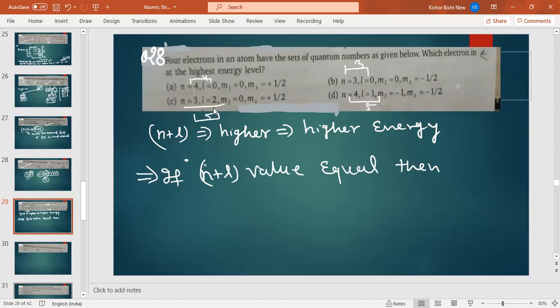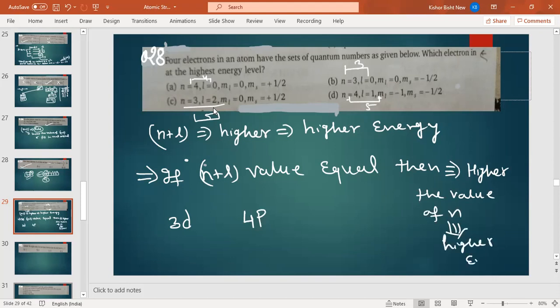This is 3d, and this one is 4p. Now tell me where the electron will fill first. Electron will fill first in 3d. Higher the value of n, then you remember, higher the value of n, higher the energy.